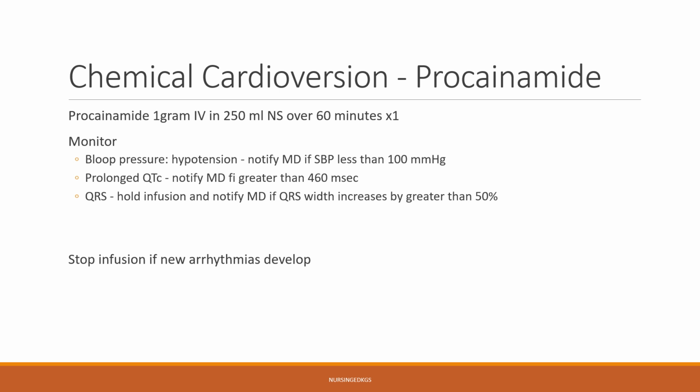Stop the infusion immediately if any new arrhythmias develop. So if the patient becomes bradycardic, or develops any other type of arrhythmia, stop it. Now, if the patient does develop a normal sinus rhythm, you're also going to stop it, right?